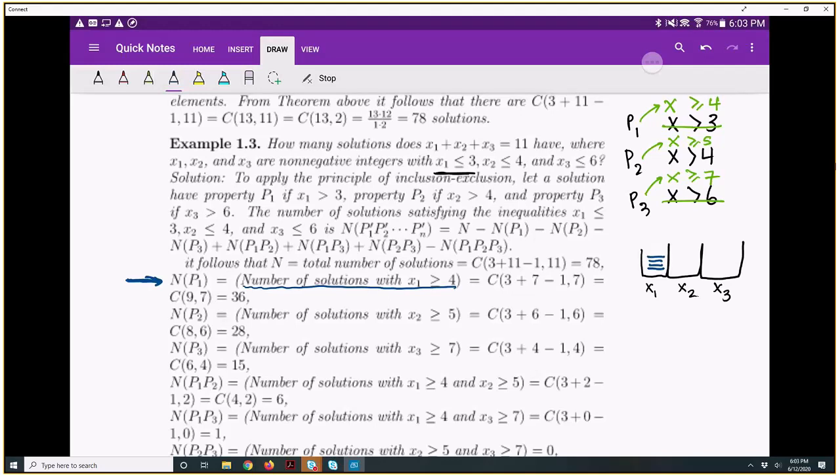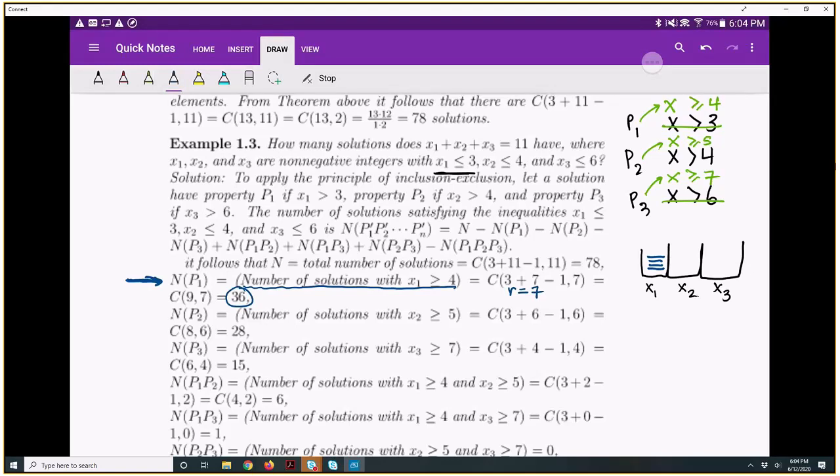So I only have 7 units left to place, and that's why now my r becomes 7. My n is still 3, so I have 3 plus 7 minus 1, which is 9. So this becomes 9 choose 7, and 9 choose 7 is just 9 times 8 divided by 2, 9 times 4, which is 36.